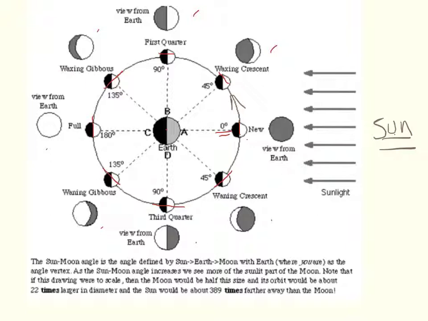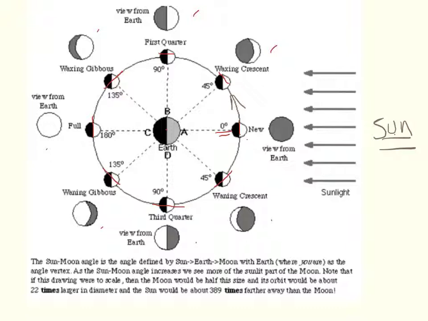And here, most of the right-hand side is lit, and you've got a little bit on the left-hand side that's dark. Now, the word waxing means to grow, and the opposite word, waning, means to disappear. When the angle between the sun, the Earth, and the moon is 180 degrees, we see the complete illuminated half, and that's what we call a full moon.